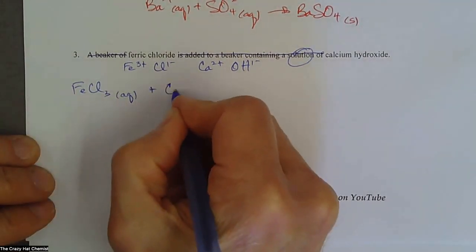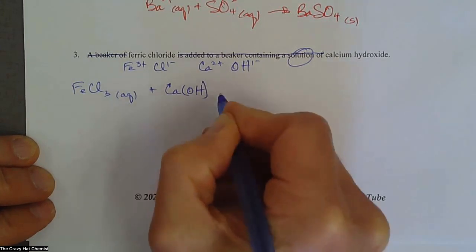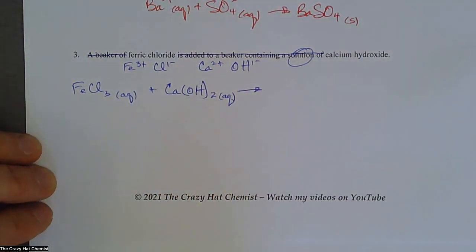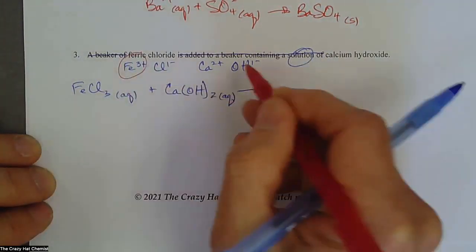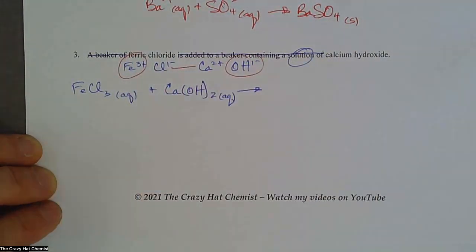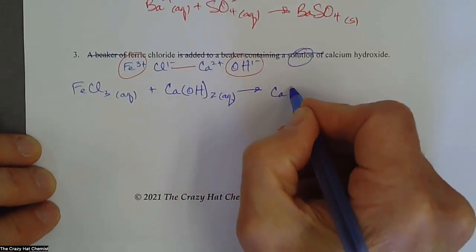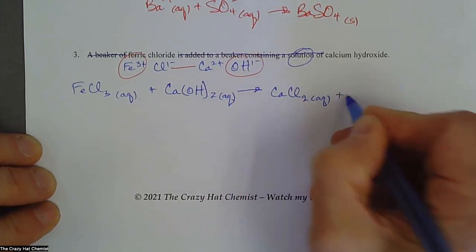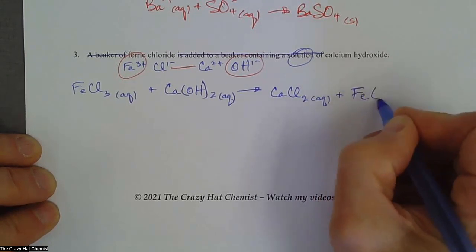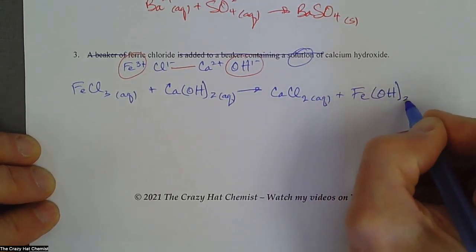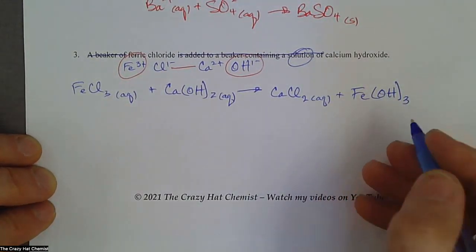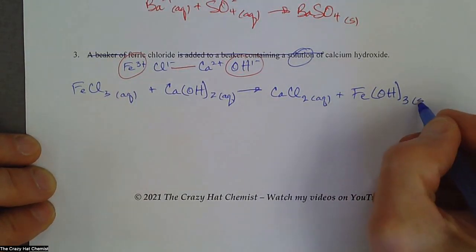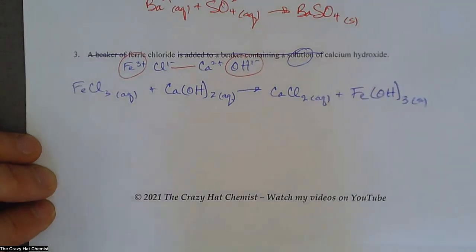And then Ca(OH)2, and that is aqueous because it did say it's a solution. I'm going to combine the ferric and the hydroxide and the calcium and the chloride. There's the calcium chloride, that's aqueous, and then the ferric hydroxide. And hydroxides are insoluble except for ammonium ion and the alkali metals, so therefore that is insoluble.